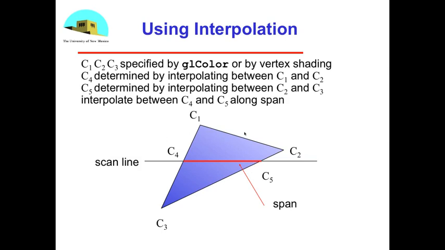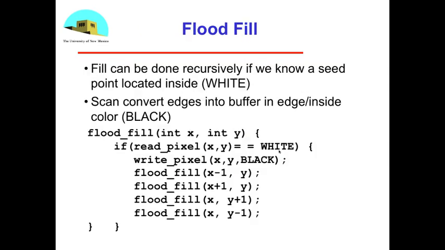So if you were up here, you would use the interpolation between C1 and C3 to get a start point, and the interpolation between C1 and C2 to get the end point where you left the triangle. So you have to basically keep track of where the Y changes and keep track of this vertex. So basically, it's fairly simple to code and put that into hardware.